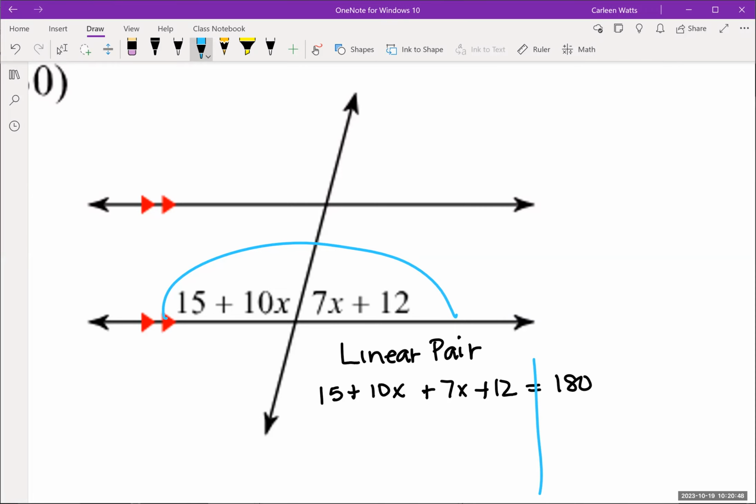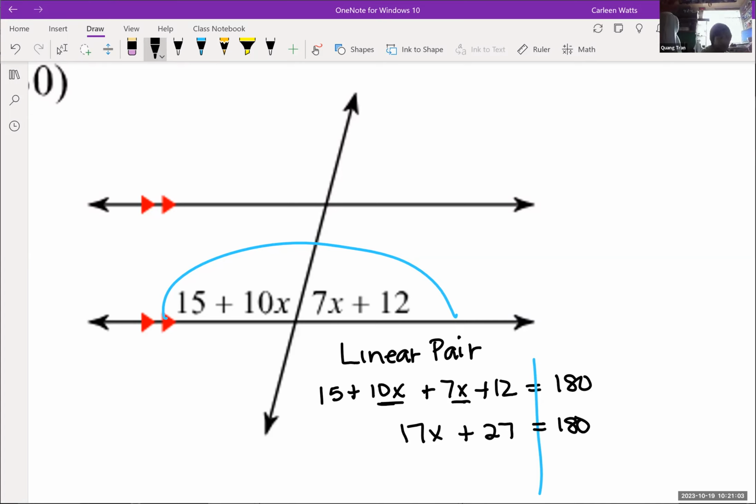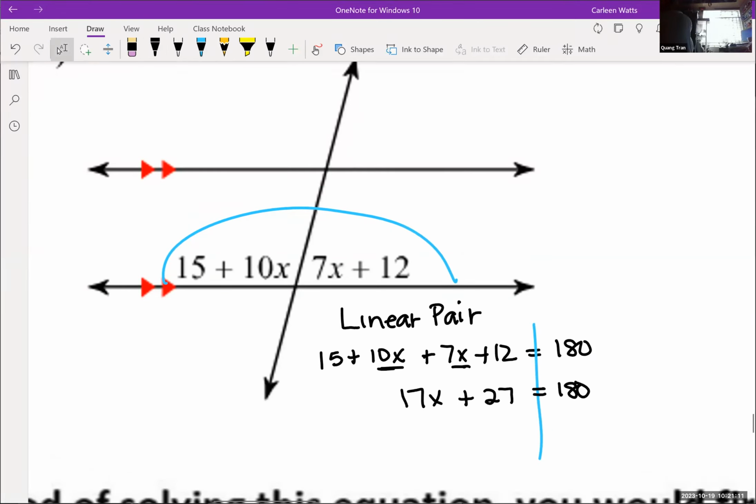Ding, ding, ding. Combine like terms. They are on the same side. Next, isolate.